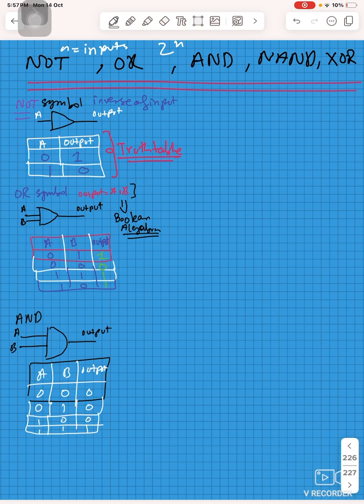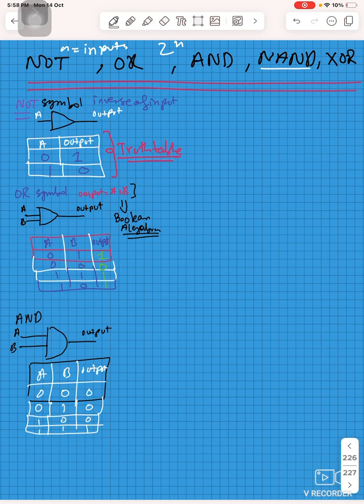If we have 3 inputs, it will be 2 to the power 3, which is 2 times 2 times 2, is 8, and so on. Here I have 2 inputs, so 2 to the power 2, which is 4.